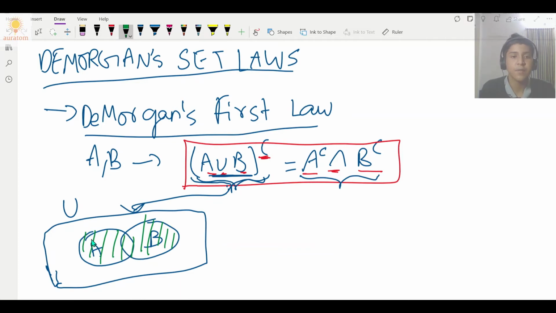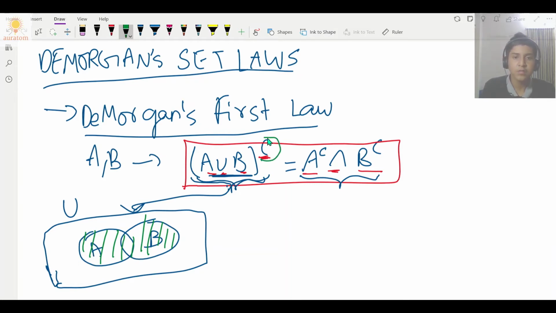Because the union operation takes the elements in both the first set and second set when we are dealing with two sets. If we take the elements of both first and second sets, we need to represent both of them when we are shading them. So this thing that I shaded just now represents both A and B, and this is going to be the shaded representation of A union B.